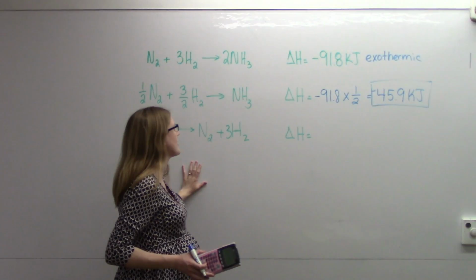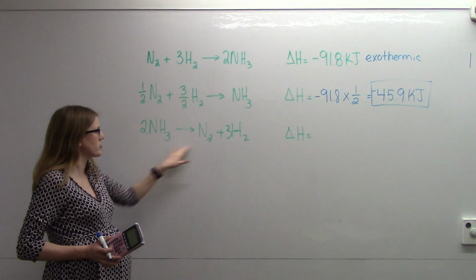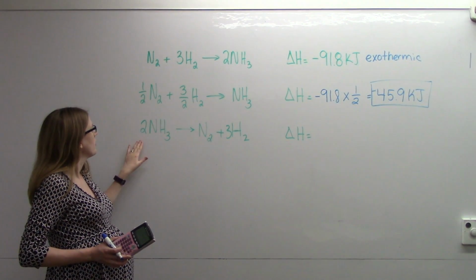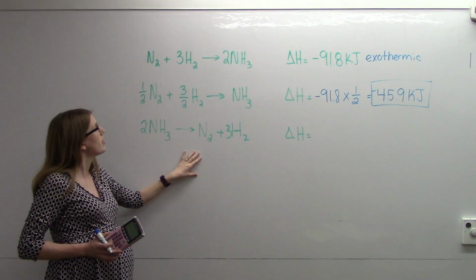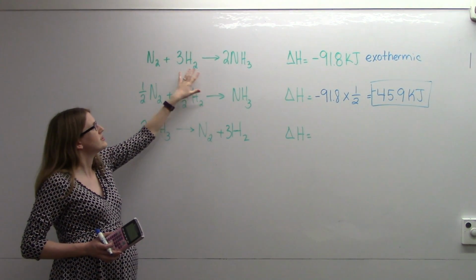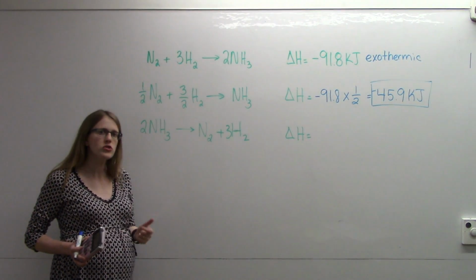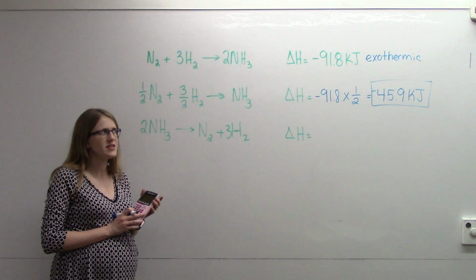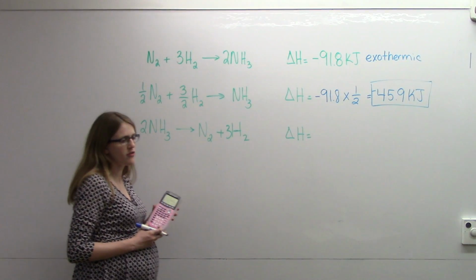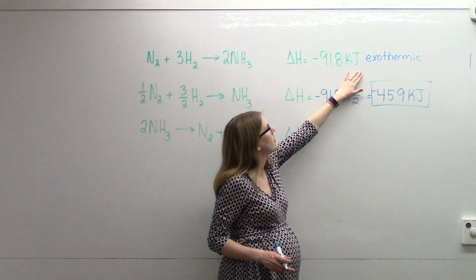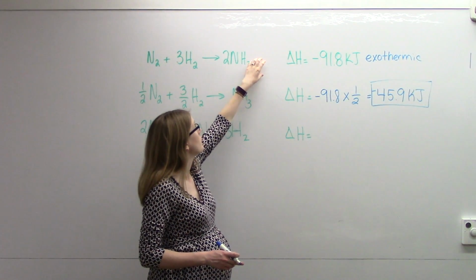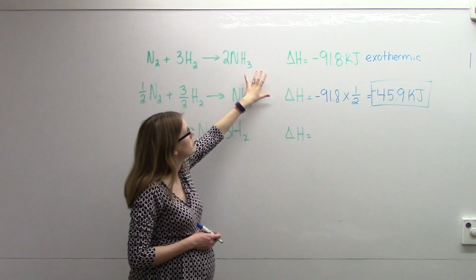Okay, let's do the last one. We compared this reaction to the initial: 2NH3 yields N2 plus 3H2. How does that compare here? Oh, do you see how it's the exact reversal of that first reaction? It's the exact reverse of the first. So instead of it being exothermic and having this be a product, it would be a reactant.